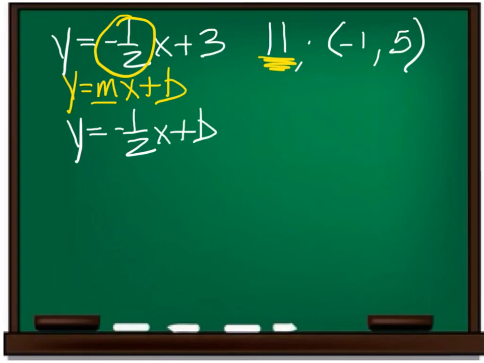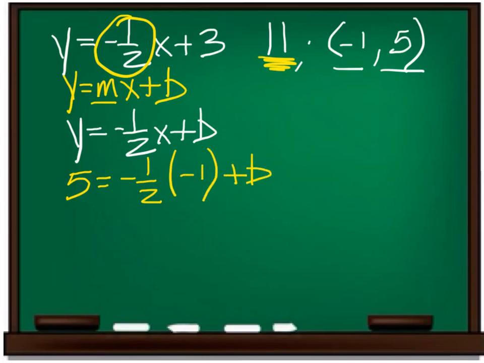Next, plug in the points, negative 1 and 5, x and y. So that would be 5 equals negative 1/2 times negative 1 plus b. Now you must solve for b. So multiply here to come up with a positive half plus b.